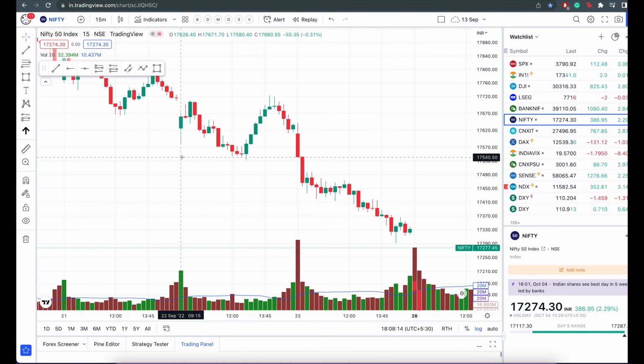So this is a green candle, and you see the number of people interested to buy is very high. Right after that there's a red candle, but this red candle is not engulfing the previous candle. So there's a high probability this could be a fake.